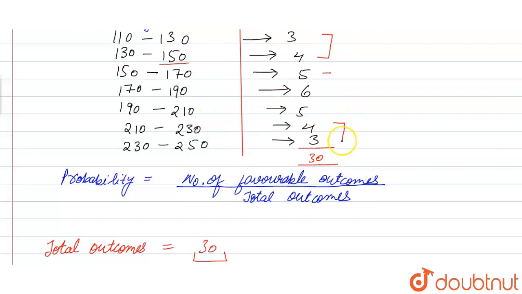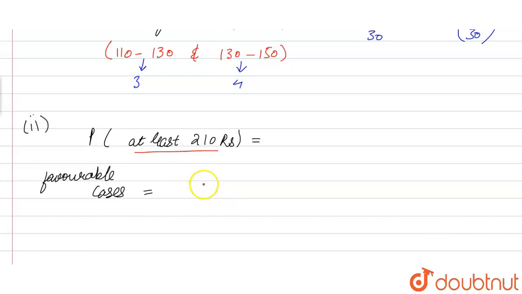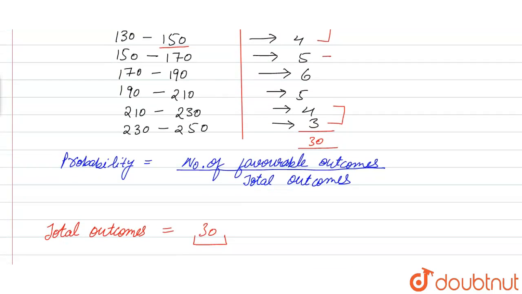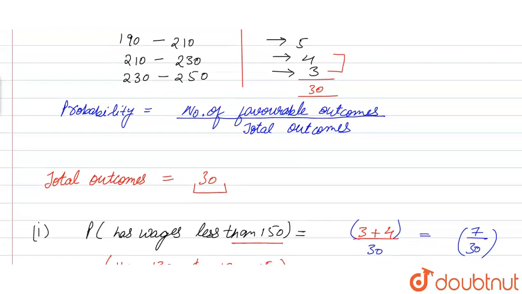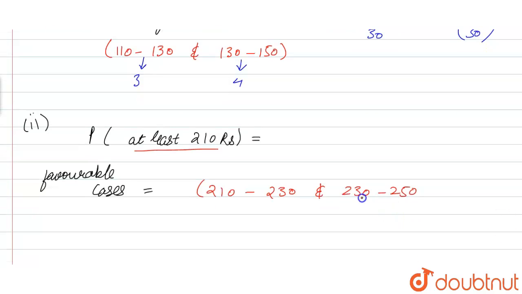So we will include these two cases, because here wages are minimum 210: from 210 to 230 and from 230 to 250.